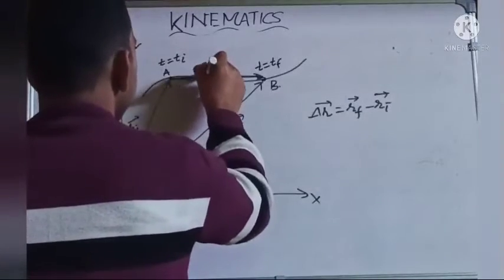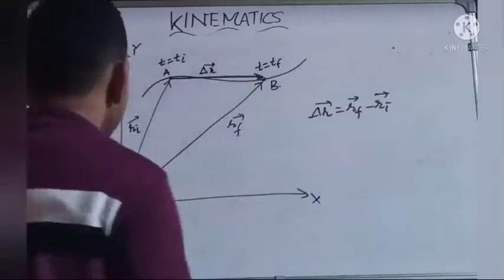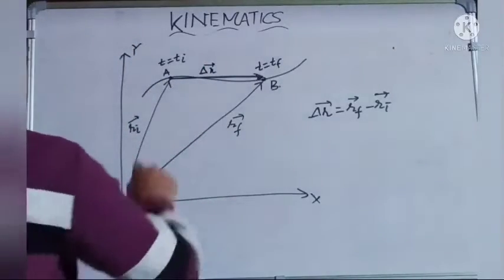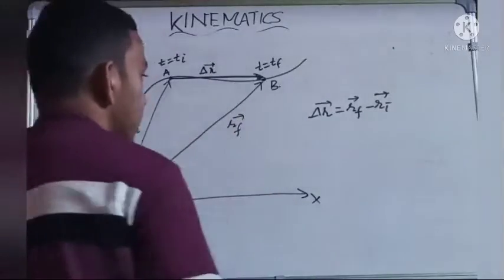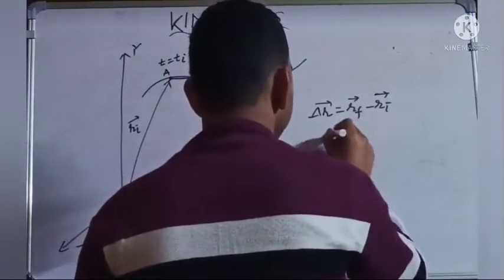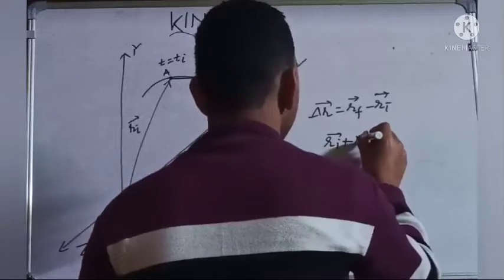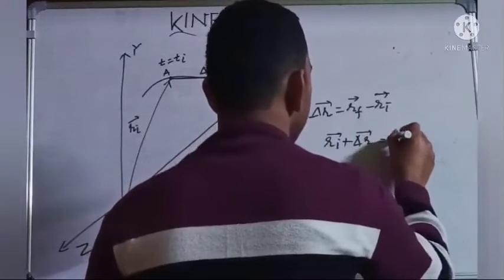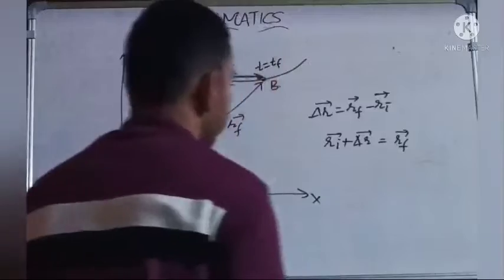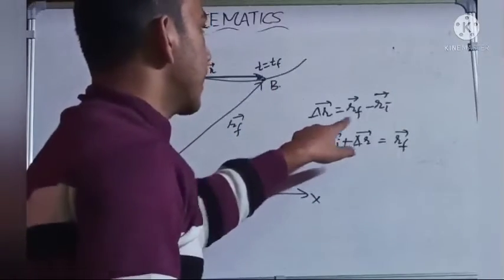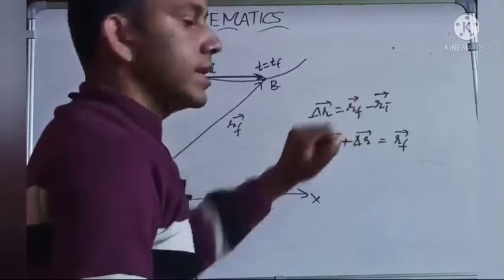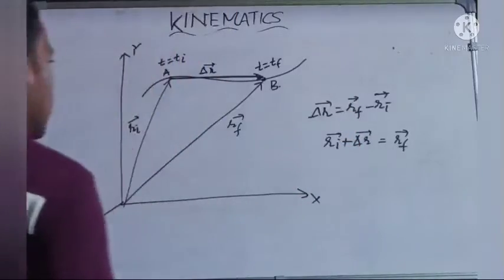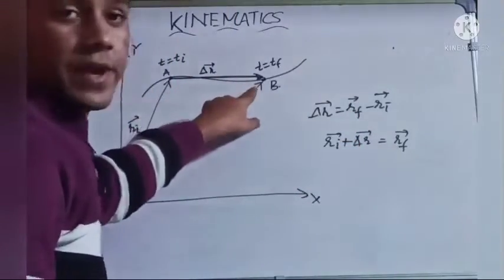This vector is basically delta R vector. If you see from the triangle of addition, Ri vector plus delta R vector should be equal to Rf vector. Now we have already seen that delta R vector is Rf vector minus Ri vector. If we place it here, we will be left with Rf vector. So this is the displacement vector.